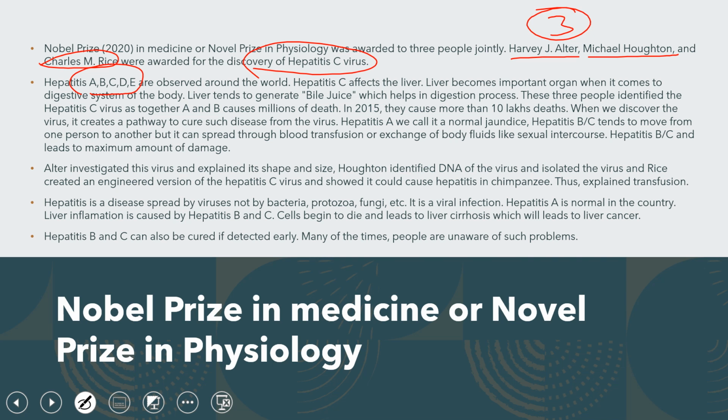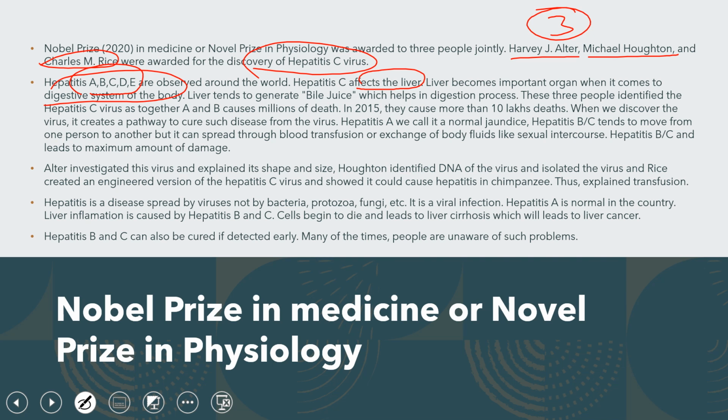In this lecture we will see how dangerous hepatitis C is to the life of people. The hepatitis C virus directly affects the liver, which is an important organ in our digestive system. The liver generates bile juice.